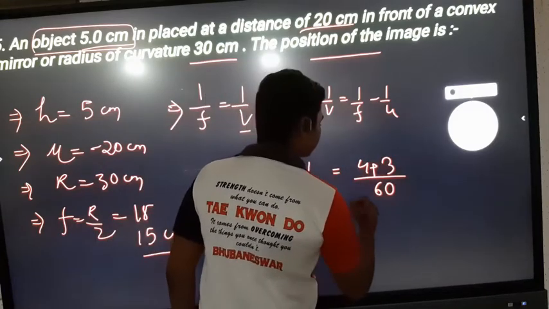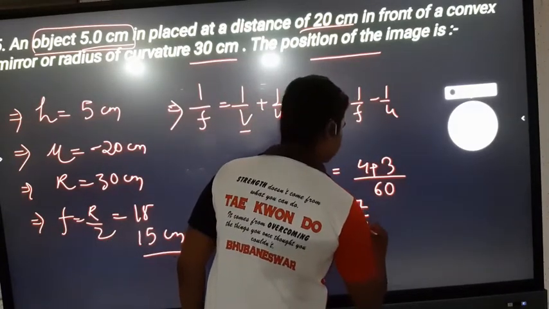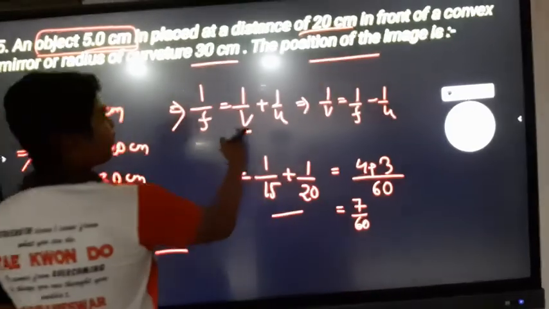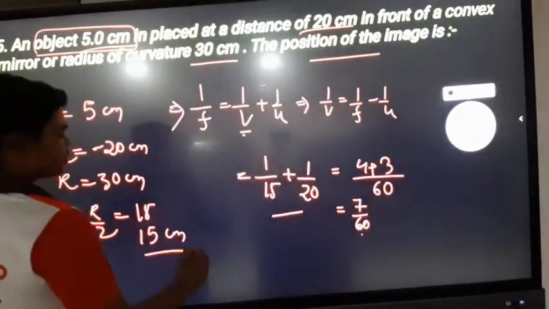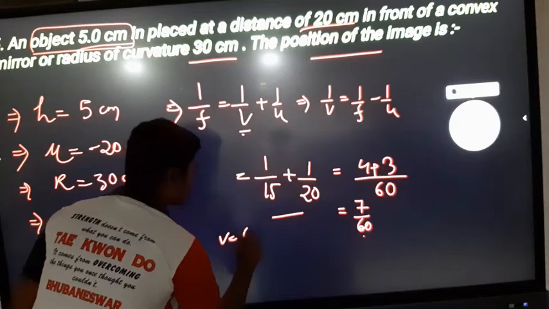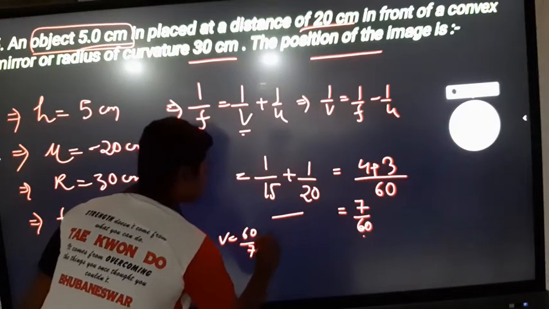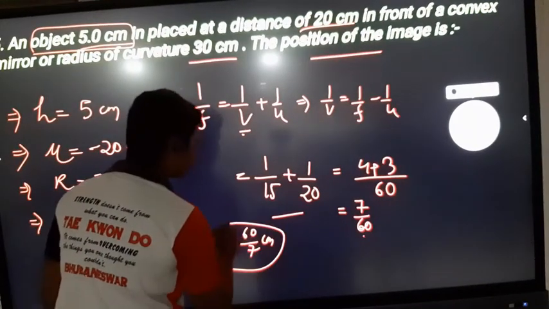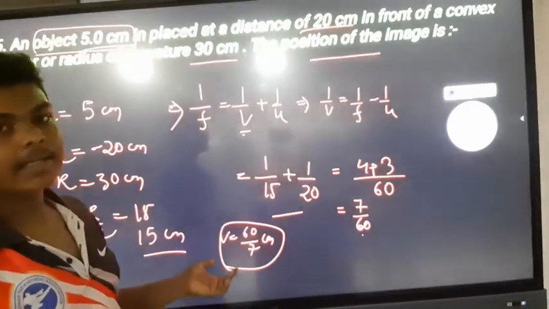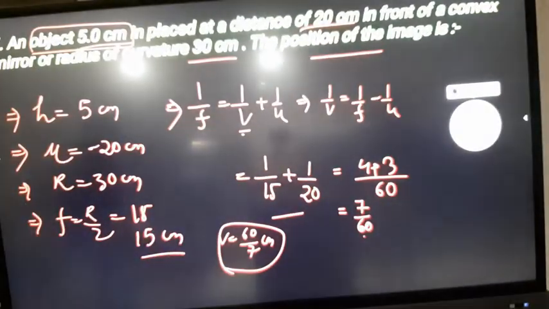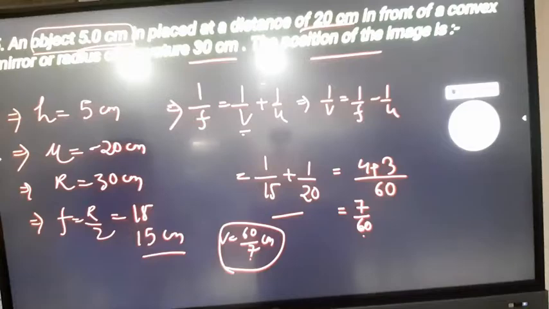So it will come 7 by 60. So we got that 1 by v equals to 7 by 60. So v will become 60 by 7 centimeter. We got the answer. You can find it in the decimal number also. So in fraction we will get that 60 by 7 is the correct answer.